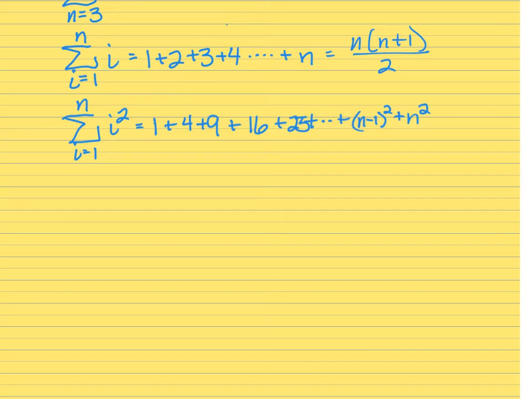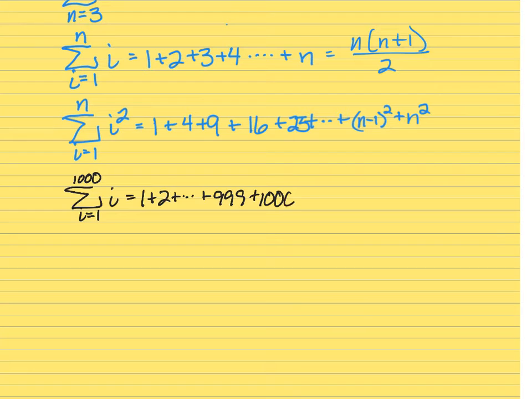So if I'd like to add up the first 1,000 integers, there's my formula. I recognize it because my formula is just i. It's 1 plus 2 plus dot, dot, dot, all the way up to 999 plus 1,000.